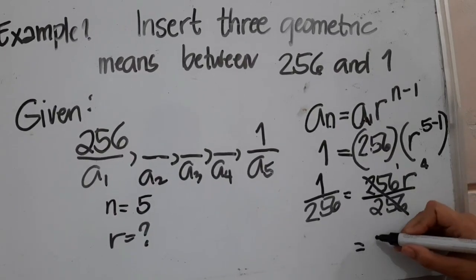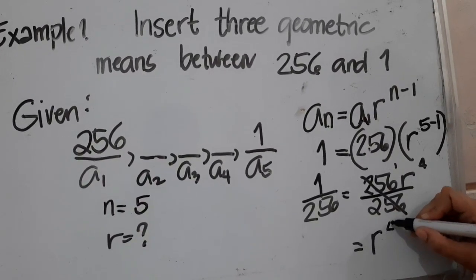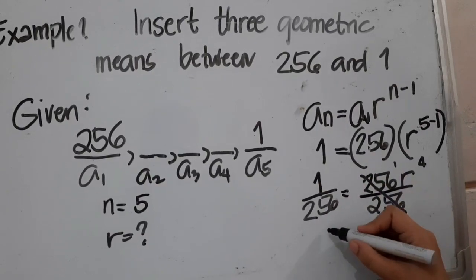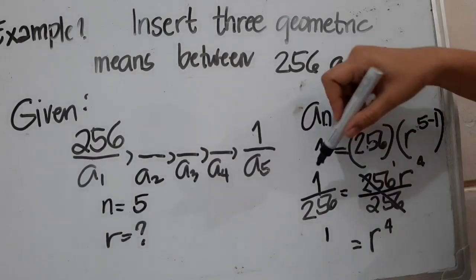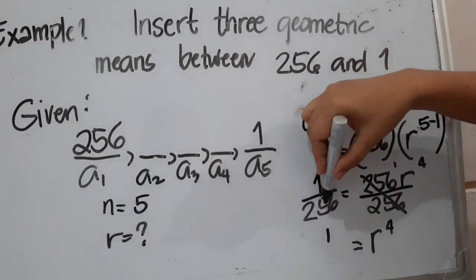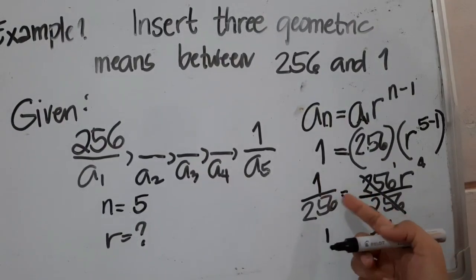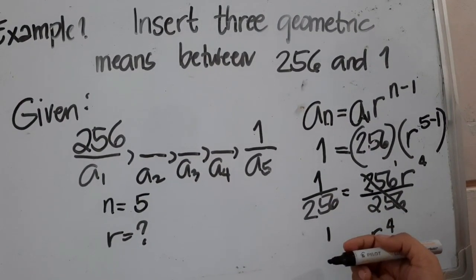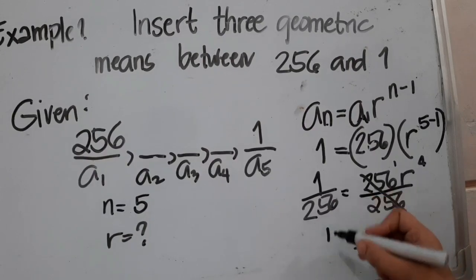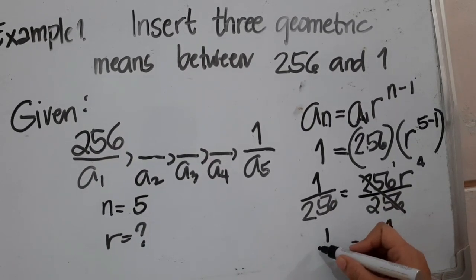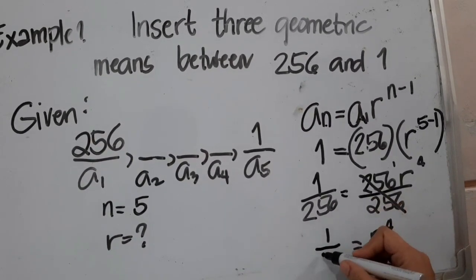So what's left here is only r raised to the power of 4 equals 1 divided by 256. If we are going to divide this one, it will give us a decimal number, and we don't want decimal numbers. So we just copy 1 over 256.